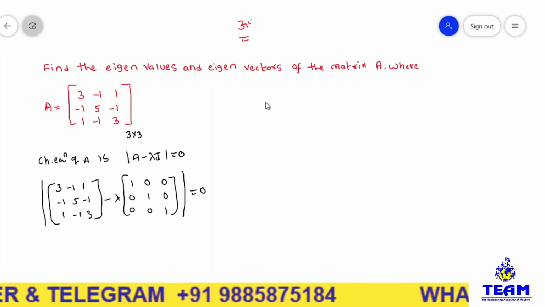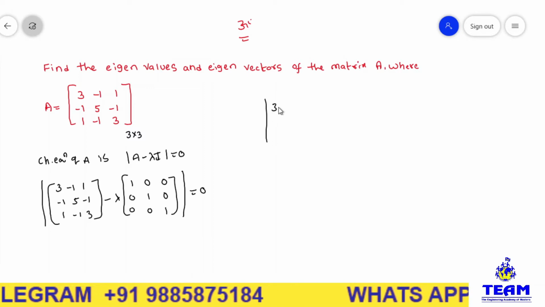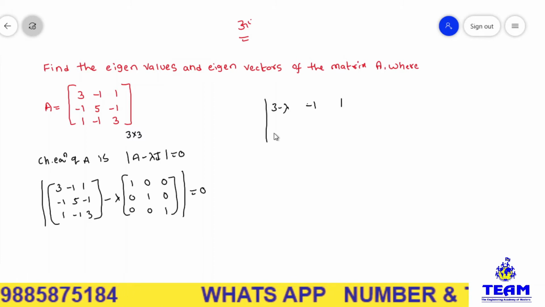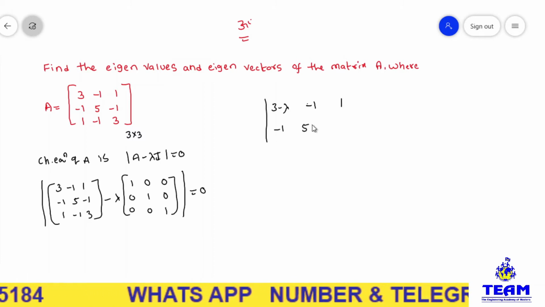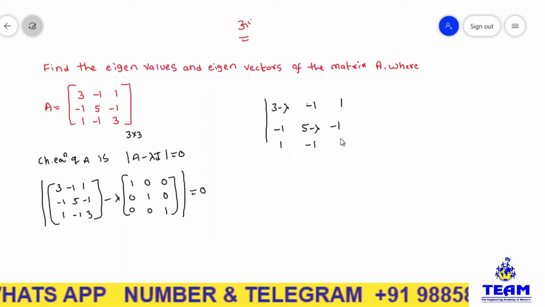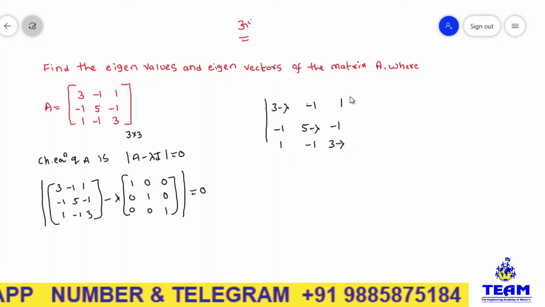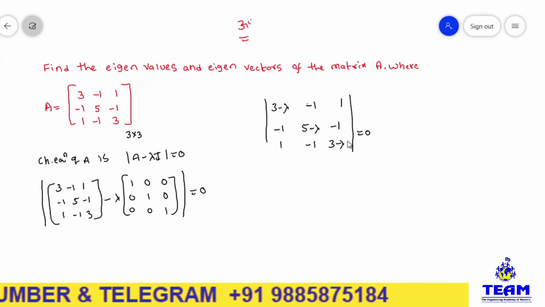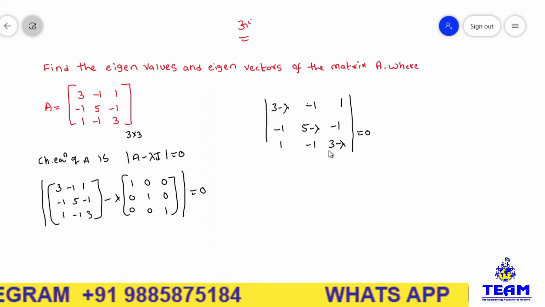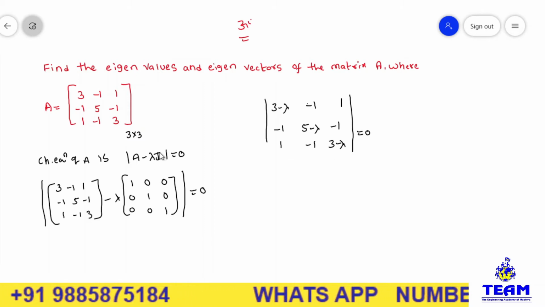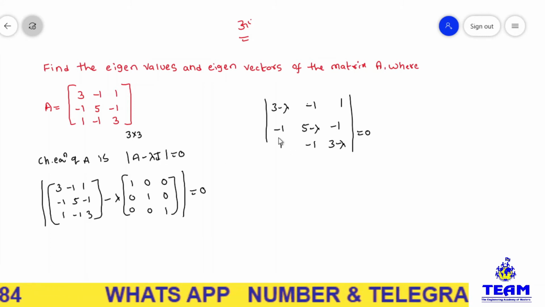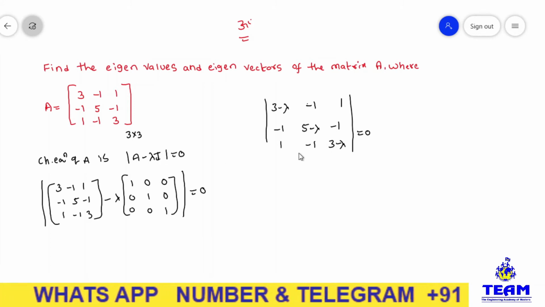So you will have the determinant of 3 minus lambda, -1, 1; -1, 5 minus lambda, -1; 1, -1, 3 minus lambda, equal to 0. Because you observe friends, only the diagonal elements get a minus lambda, because we are multiplying lambda to the identity matrix. Now you have to simplify this, then we will get the eigenvalues.